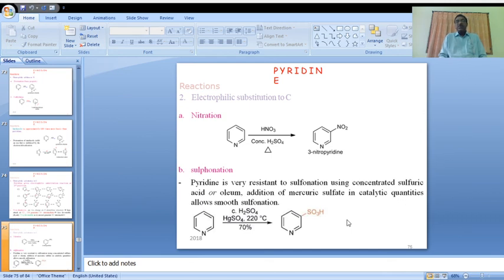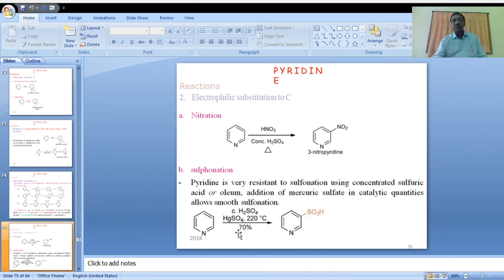Addition of mercuric sulfate in catalytic quantities allows smooth sulfonation reaction. Here we are using a catalyst, that is mercuric sulfate, HgSO4. Pyridine, this is the starting material, on reaction with sulfuric acid in presence of this mercuric sulfate catalyst.